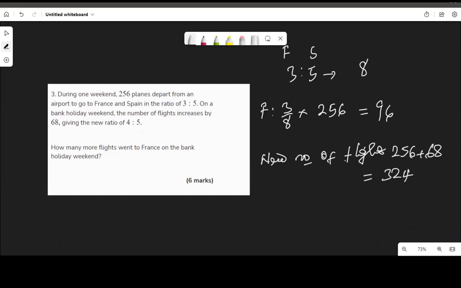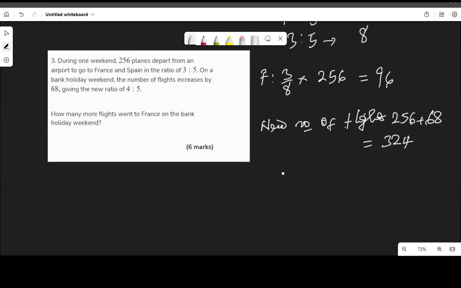Let's get, out of this 324, how many went to France. The new ratio now is 4 to 5. So 4 for France, 5 for Spain. Again, the question borders on France, so I'm going to calculate only the number that went to France. If I add up these two ratios, I'll have 9.